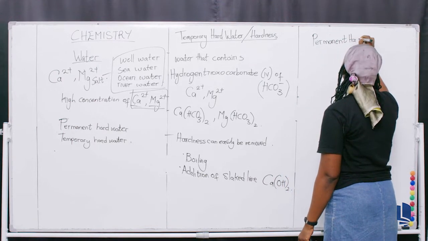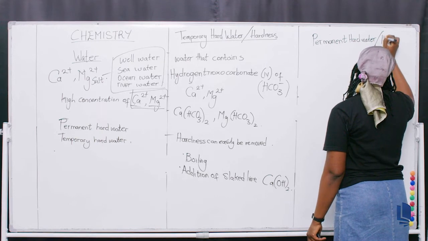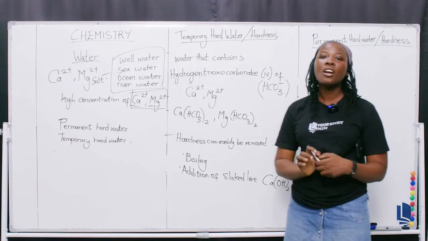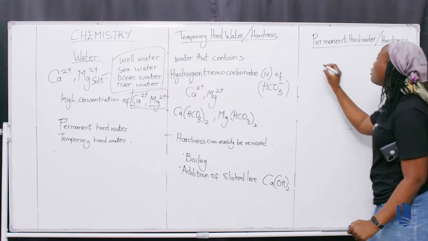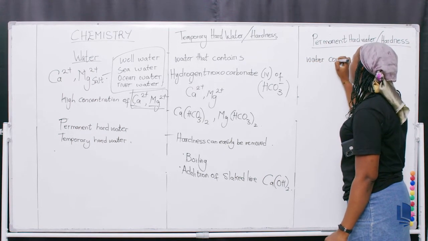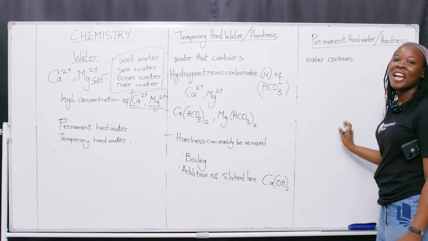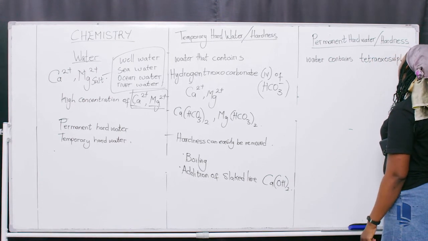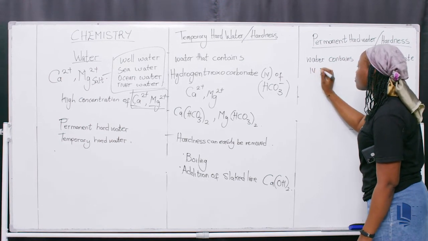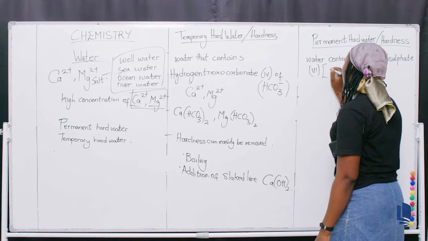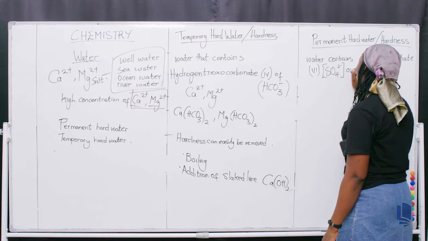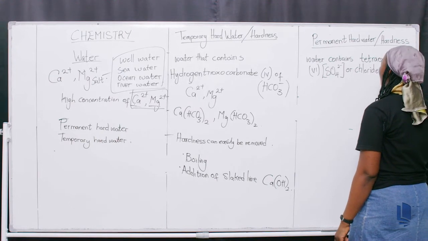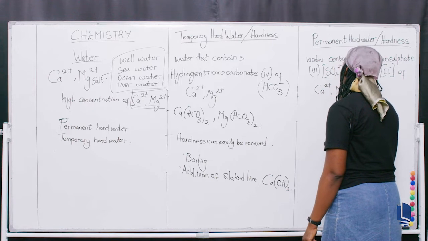Permanent hard water or hardness. For permanent hardness, that means the water itself contains, let me write it down, tetraoxosulfate(VI), that is SO4 2 minus, or chloride, Cl minus, of calcium or magnesium ion.